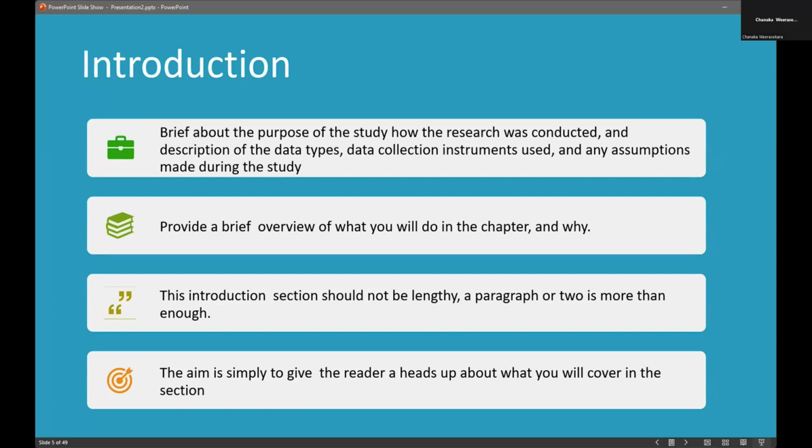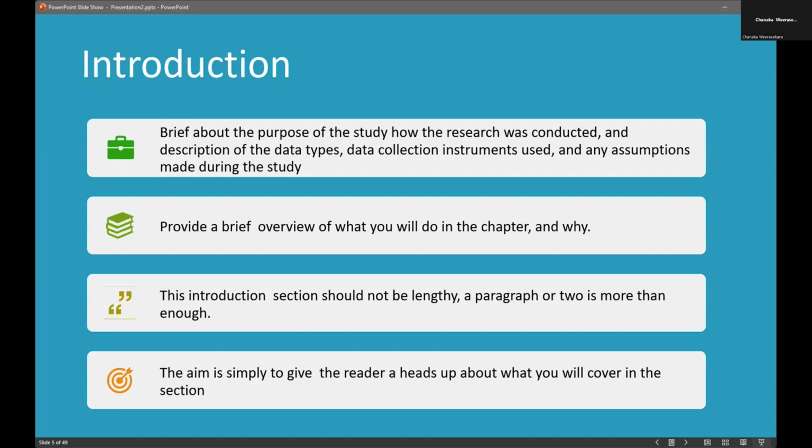Again, this introduction part should not be very lengthy. A paragraph or two would do the thing. We should not go beyond that. A paragraph or two would be more than enough, maybe half a page.